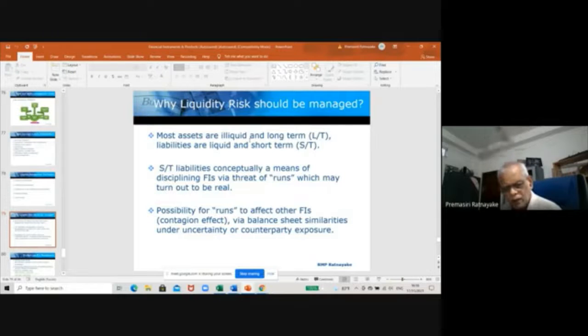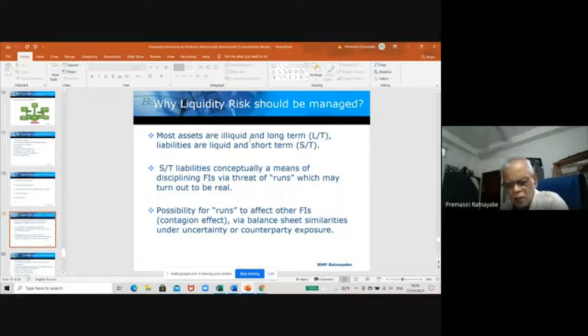So the liabilities are of a short-term nature to discipline the financial institution in their management of finance. Because if in the short term the liabilities are withdrawn, there could be a run on the bank. There is always a threat of runs, which may turn out to be real.